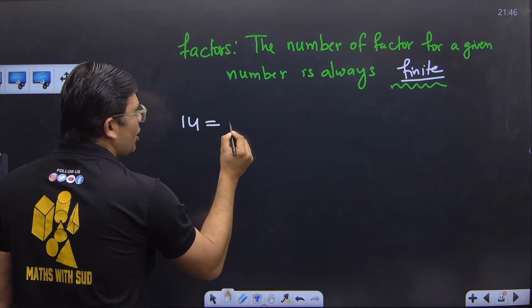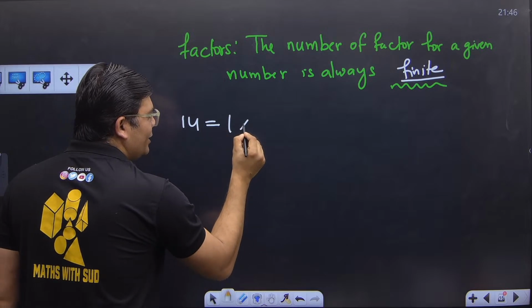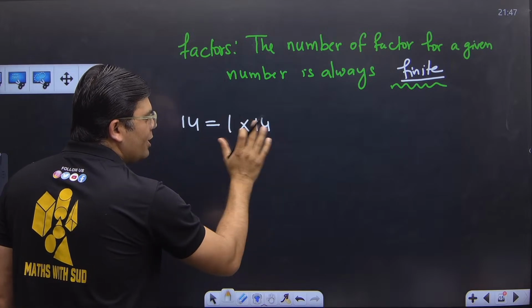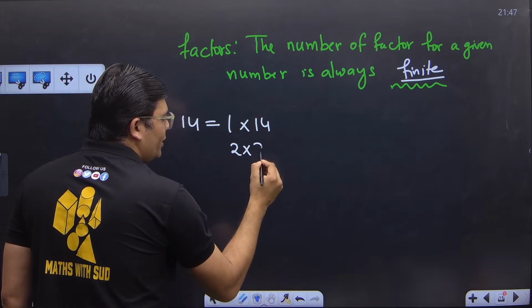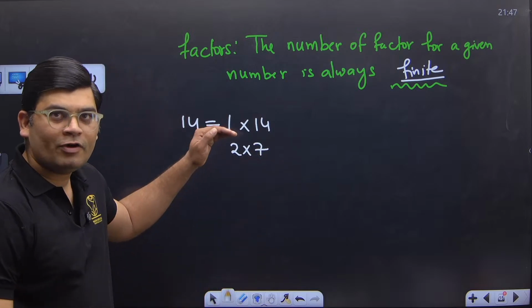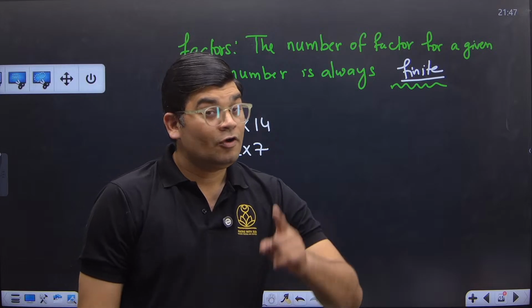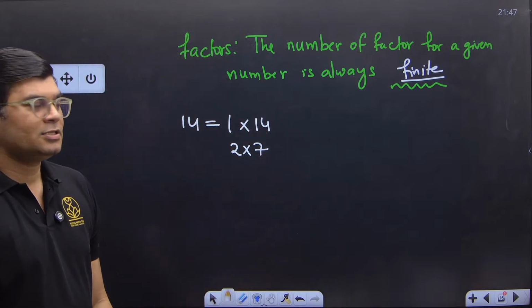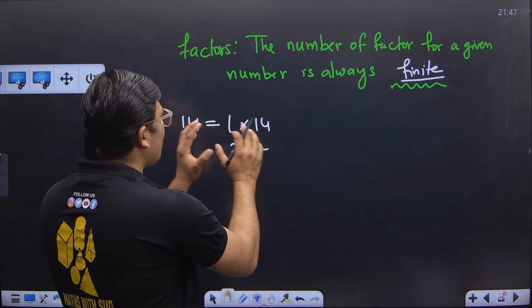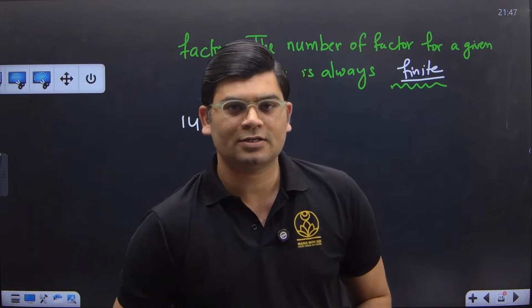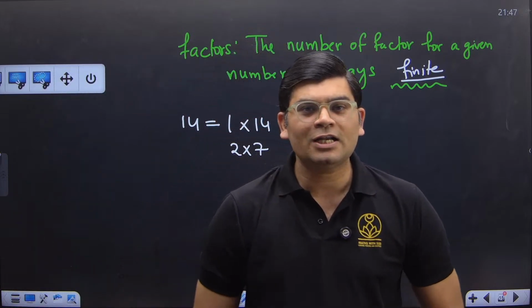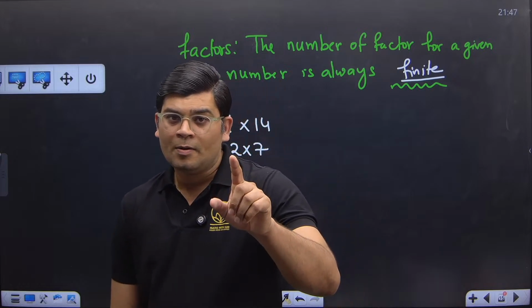Let us take the example 14. What is the smallest factor? 1. What is the highest factor? 14. So all other factors will lie between 1 and 14. We have one more, 2 and 7. One more important thing about factors: the number of factors for any composite number, which has more than 2 factors, is probably even.